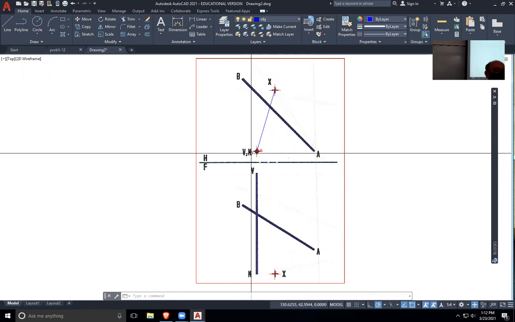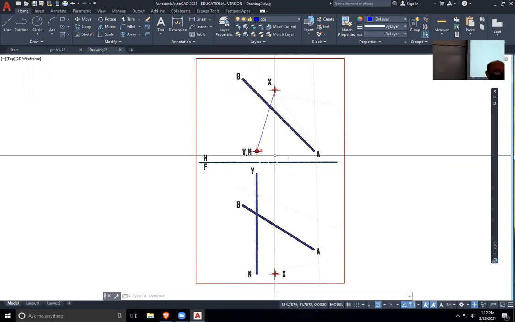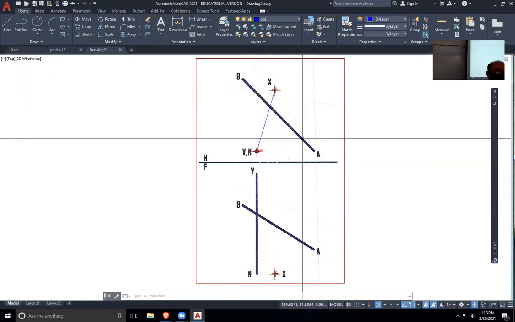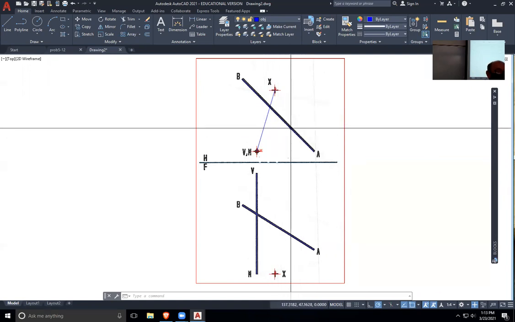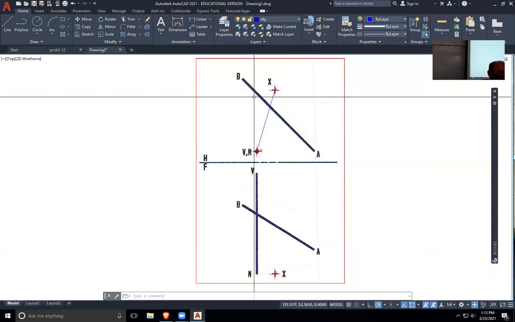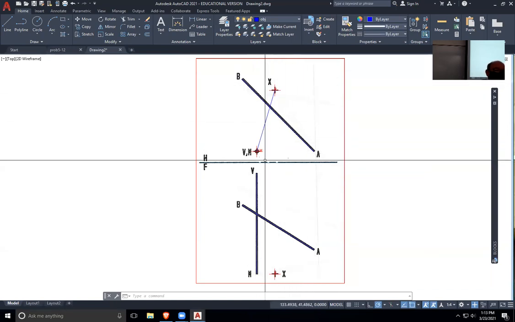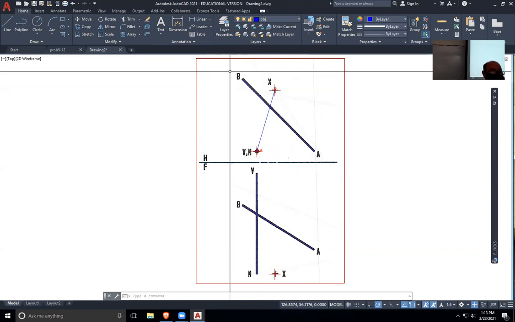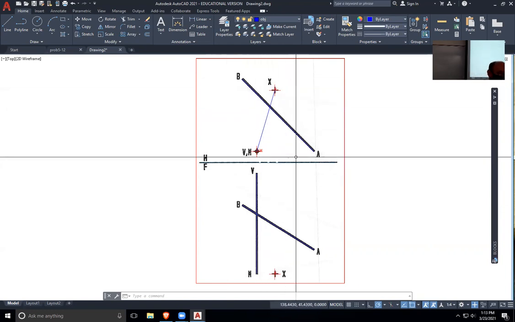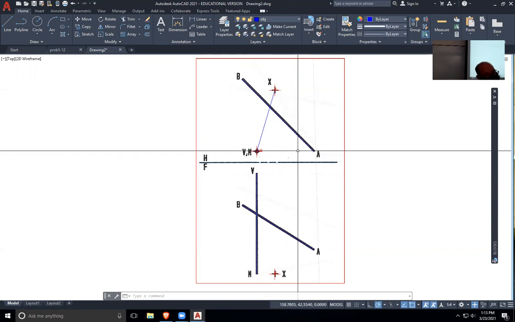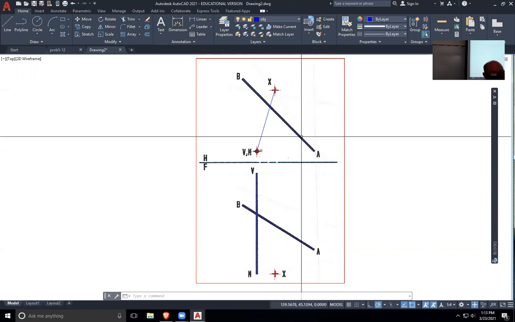I have to find point Y first, right? I need to show a 2-foot clearance. So yeah, what you said is put AB in point view. The problem is I don't have it in true length anywhere. So I've got to find it true length first and then put it in. That's what I was trying to say.